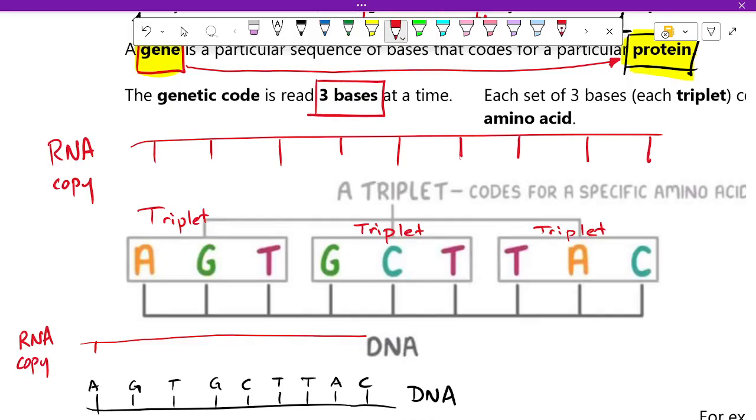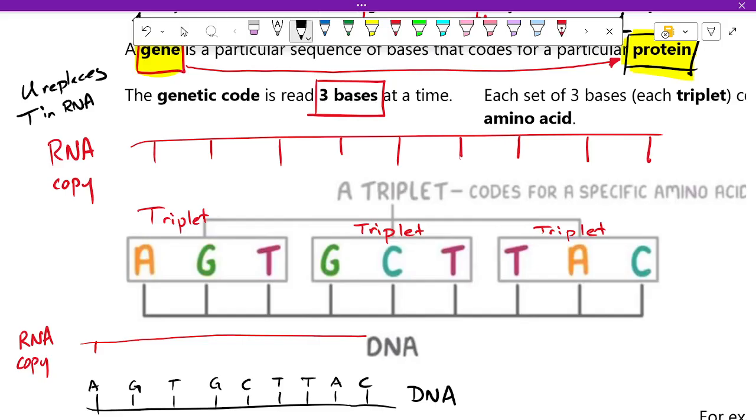RNA copies work almost exactly like the complementary DNA, except for any time you want a T when it's RNA, you use U instead. U replaces T in RNA.